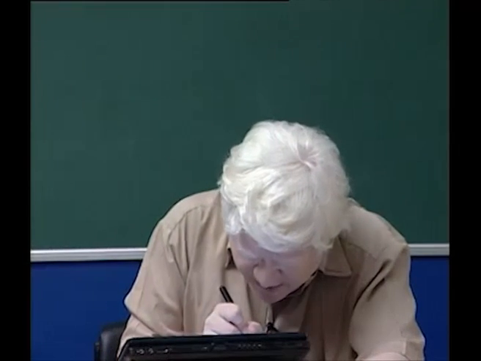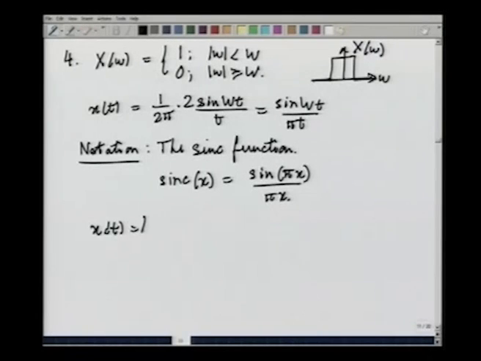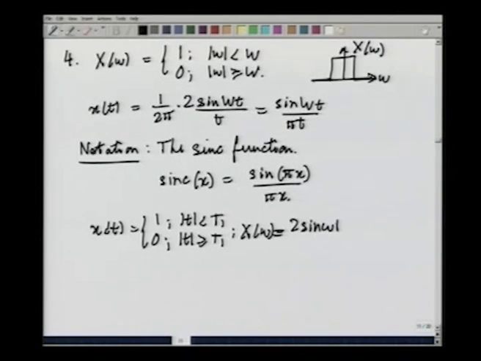Thus, for example, with x(t) equal to 1 for mod t less than t1, equal to 0 for mod t greater than or equal to t1, we had X(omega) given by 2 sin(omega t1) by omega, which comes out to be equal to 2 t1 sinc(omega t1 by pi).